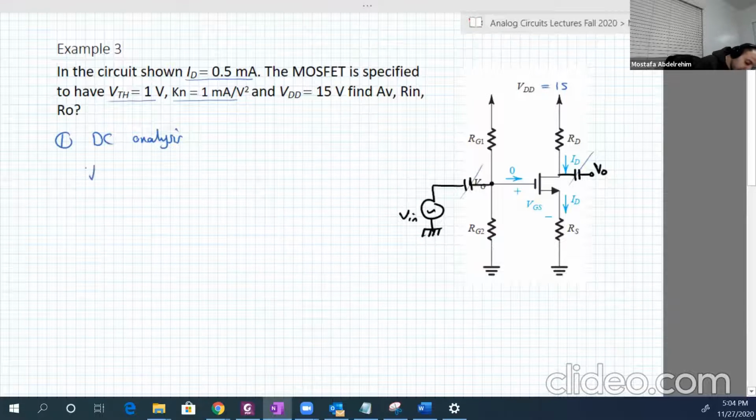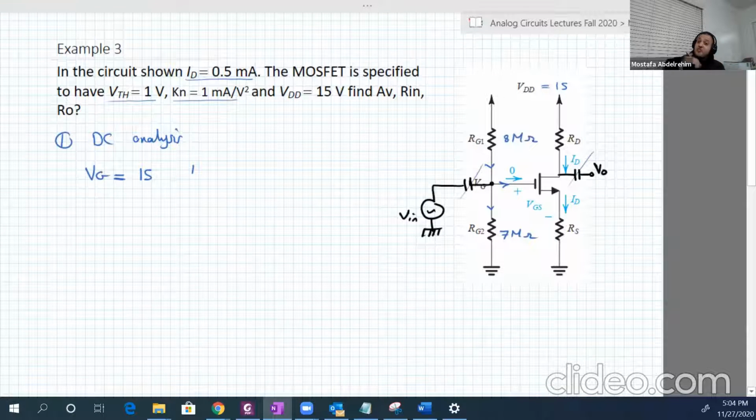Okay, so VG will be equal to 15 times a divider. Remember, the current here in the gate is 0, so RG1 is in series with RG2. So VG is equal to 15 multiplied by RG2 over RG1 plus RG2. RG2 is 7 mega ohm, and RG1 is 8 mega ohm.